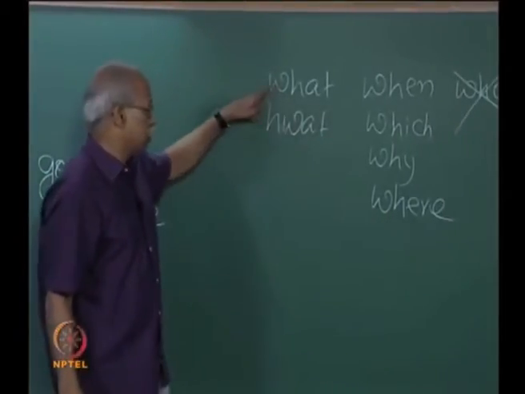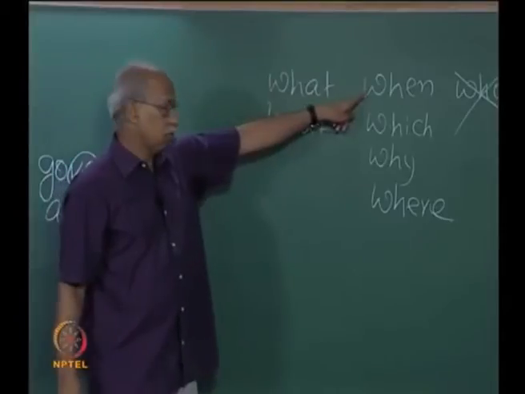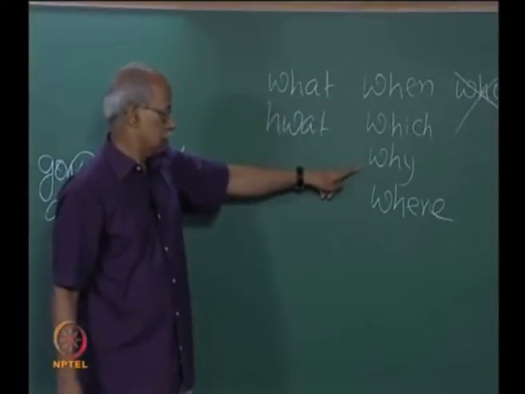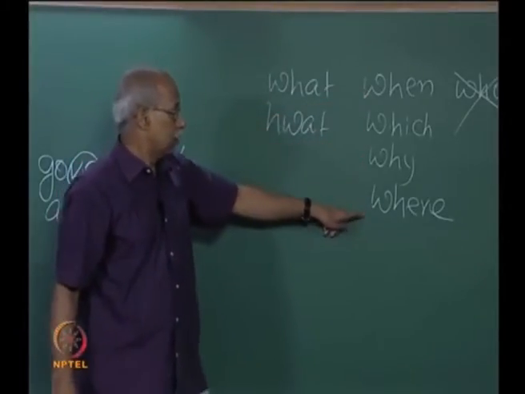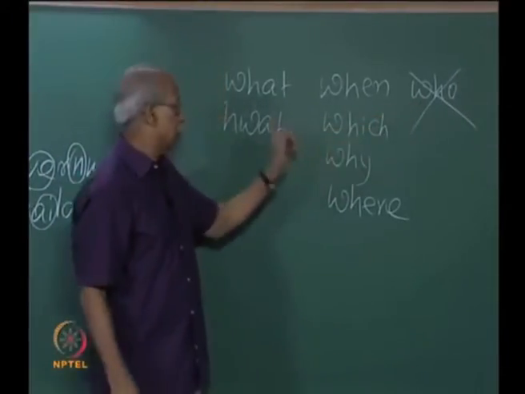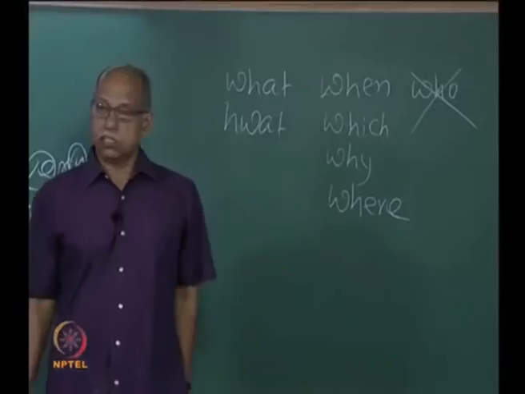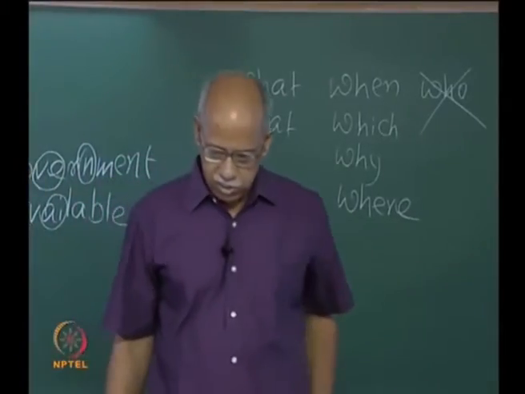Once again: what, when, which, why, where. But this is who. Once again, make it long. This is long: what, when, which, why. Great. This is short: where. This distinction is very important in English.